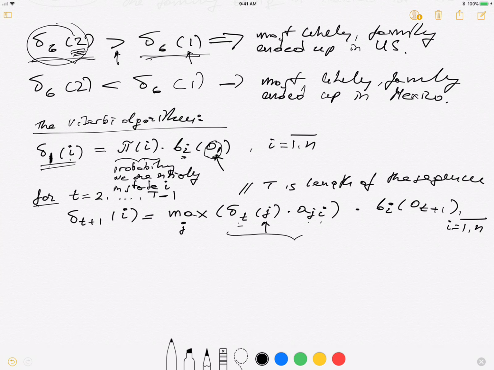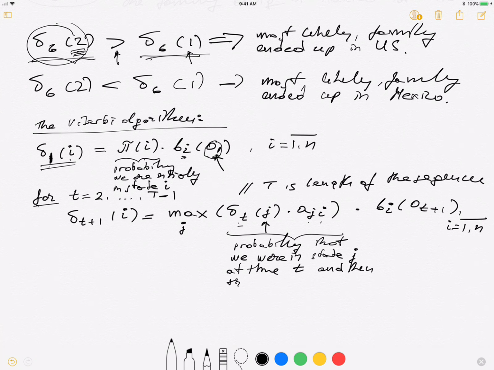So this is the probability that we were in state j at time t and then transitioned to state i.